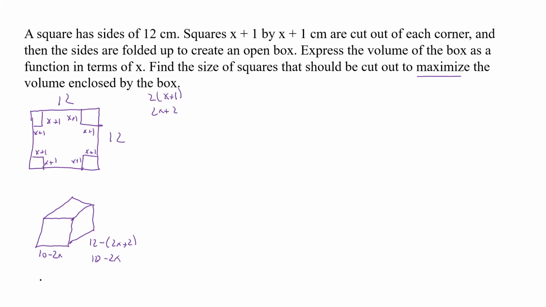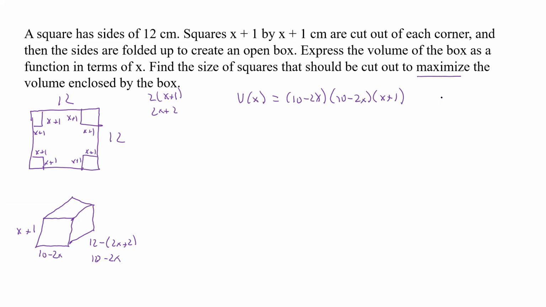So with that, we have 10 minus 2x by 10 minus 2x by x plus 1. All right, so our volume based on x is going to be the length, which is 10 minus 2x, and the width is 10 minus 2x, times the x plus 1, okay?